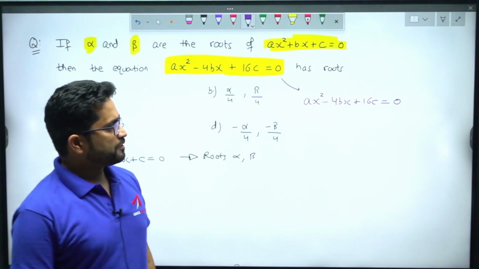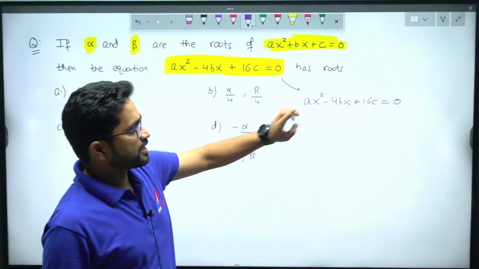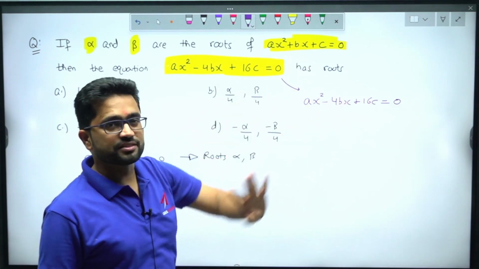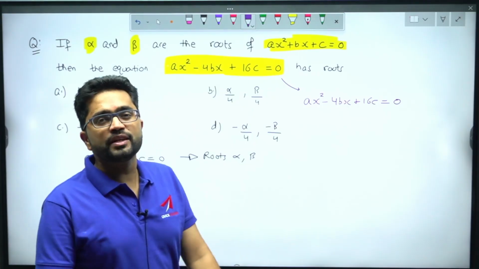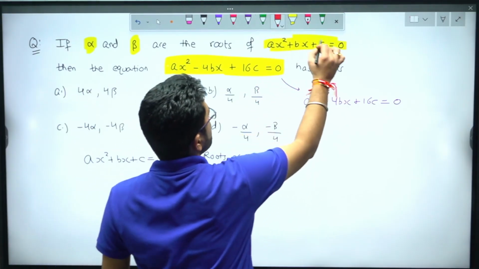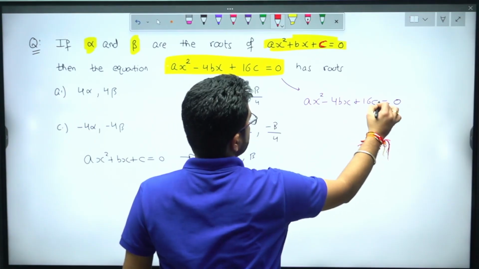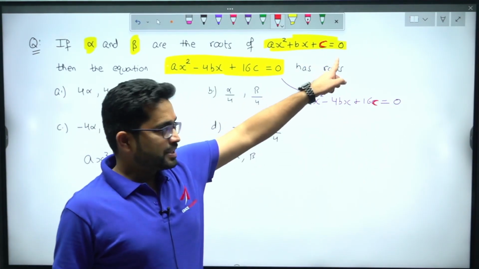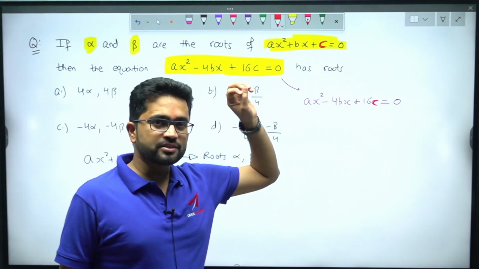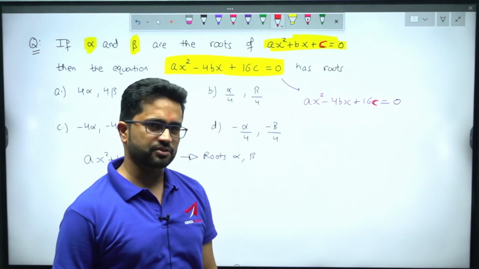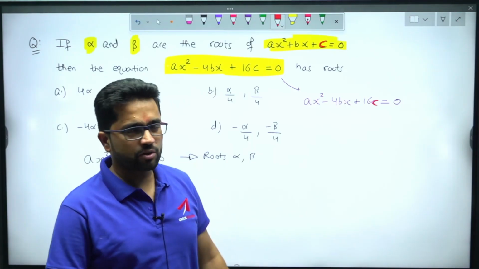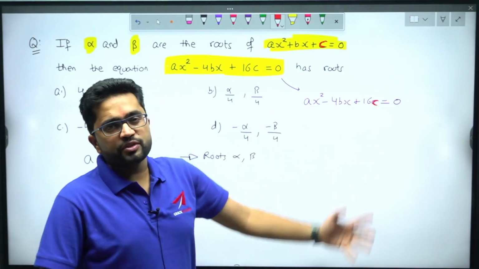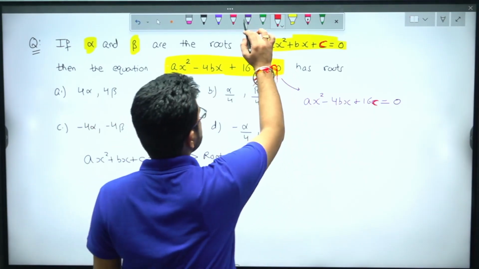So what will I do? It is ax^2, it is bx, it is -4bx, it is c, it is 16c. In these types of questions, you get the idea from the constant term. Here we have c, here we have 16 times c. So first dissolve this 16 from the third term. Divide both sides by 16.